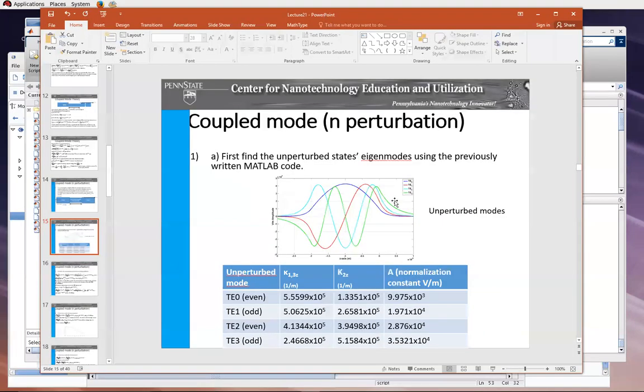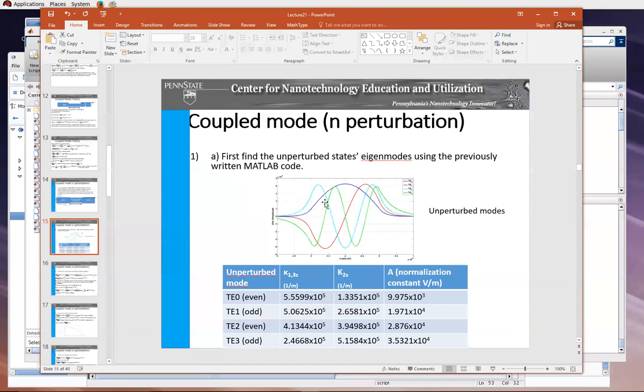So we have these possible options, and I've written down and made a small table showing all the propagation constants for these different modes, and also the normalization constant. As you might remember, we have to normalize these modes, and what we're assuming is that we have 1 watt per centimeter, that would be our normalization for the input power.